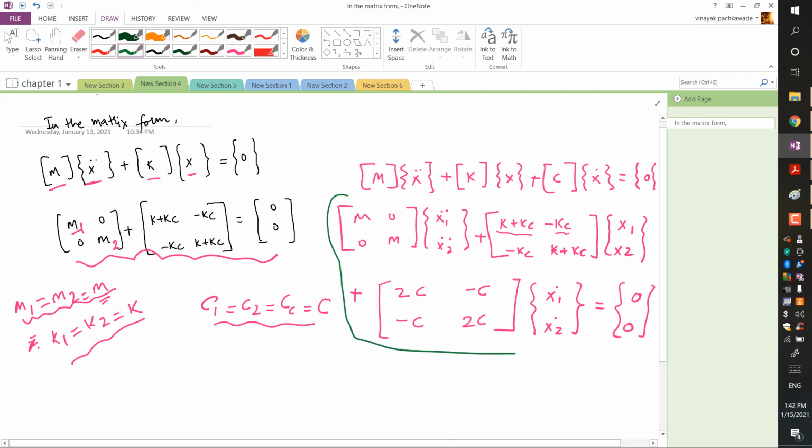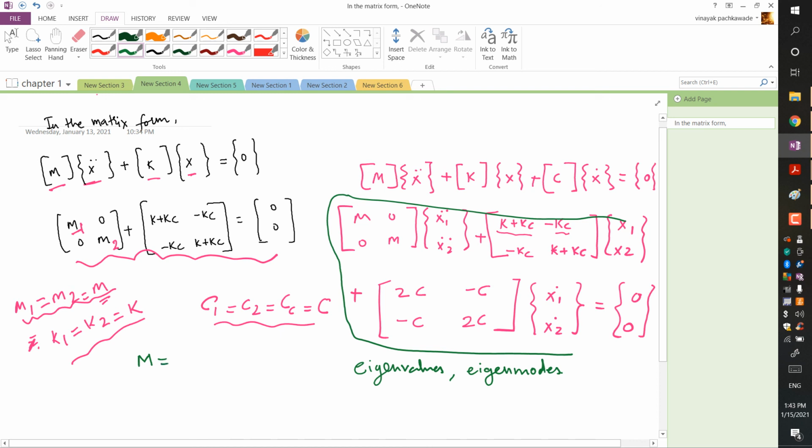All right, so that's the final matrix form. This is the matrix equation that we can have. From this we can derive the eigenvalues and eigenmodes of this system. Let us assign values to the problem.